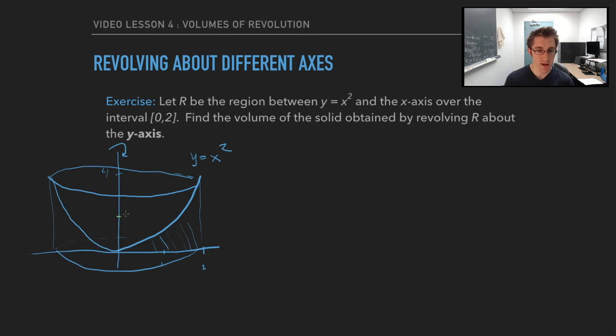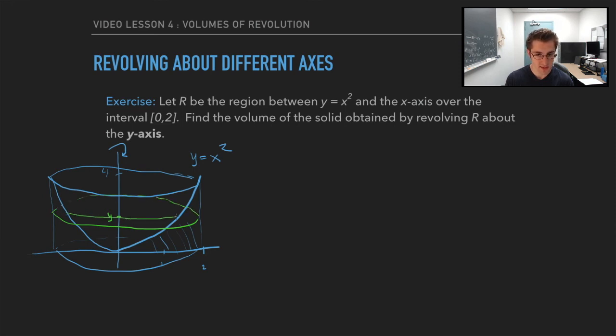So now, hopefully you can see I'm revolving around the y-axis, meaning my slices are going to be perpendicular to the y-axis instead of the x-axis. So I'm looking at the slice at a height y on the y-axis instead of at the point x on the x-axis.